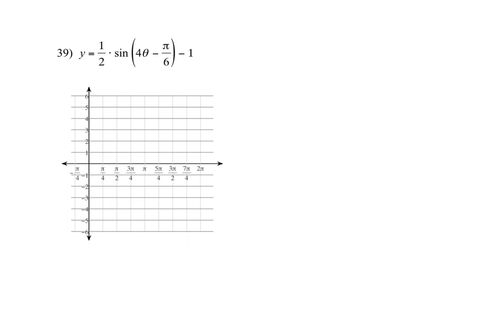Remember your pieces of this little puzzle here. Your amplitude is the absolute value of A, which actually it starts with A. So your amplitude is the absolute value of A. This guy is A. All right.